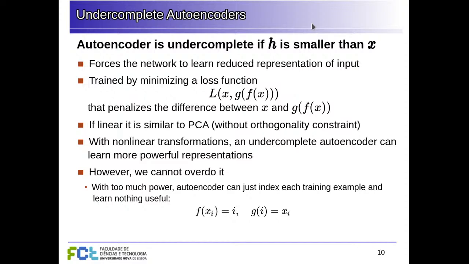It's just memorizing what each example in the input corresponds to when it needs to recreate the output. So even though this is unsupervised learning, it is useful to control for overfitting and use, for example, a validation set.